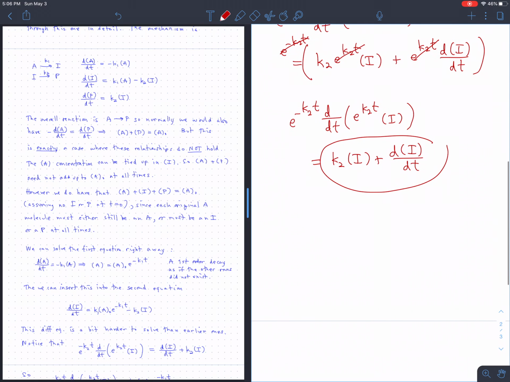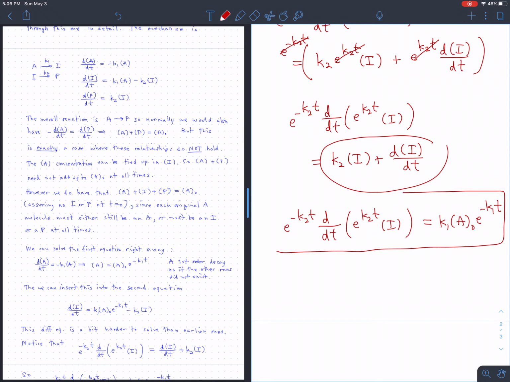And so we can write that e to the minus K2t times the time derivative of e to the K2t times I is equal to K1 times A0 times e to the minus K1t. That's the differential equation we have to solve now, but that's much easier.